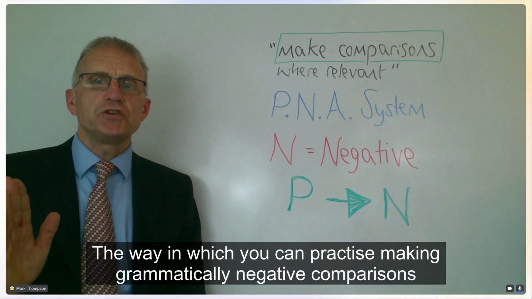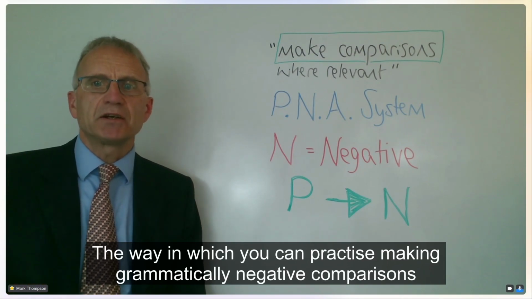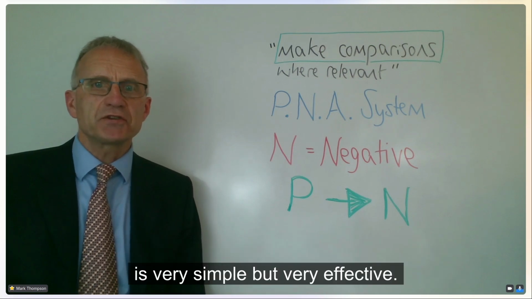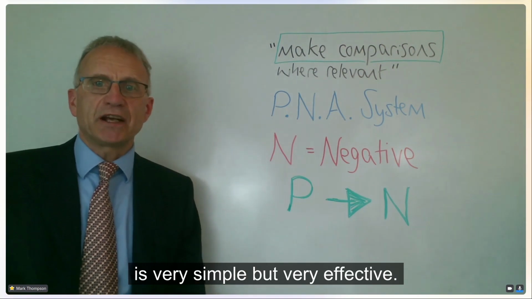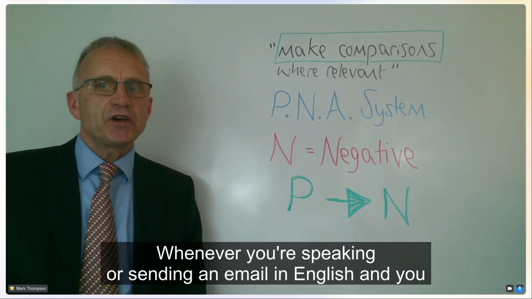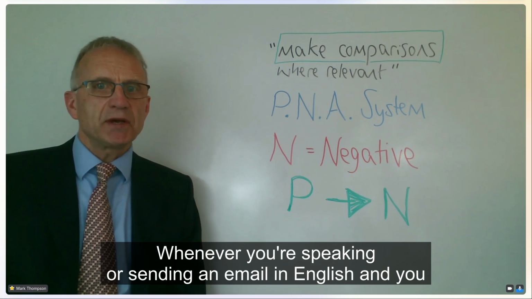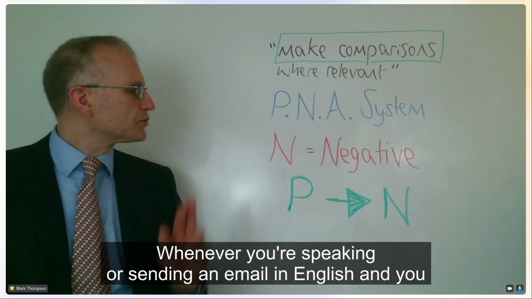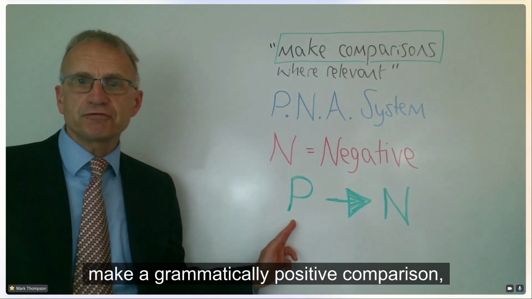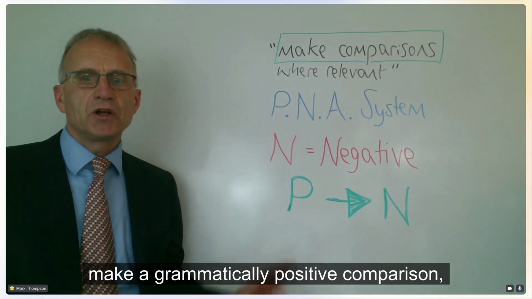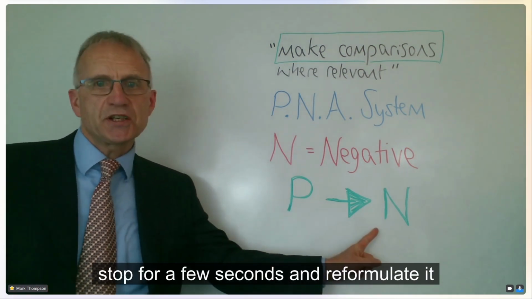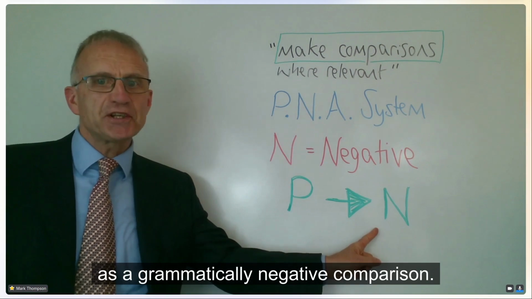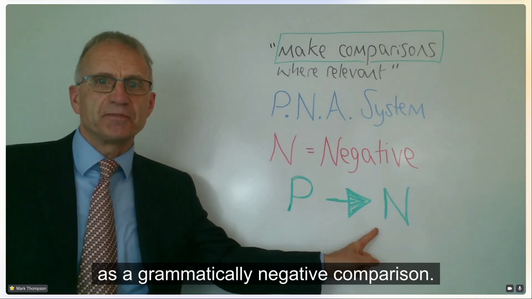The way in which you can practice making grammatically negative comparisons is very simple, but very effective. Whenever you're speaking or sending an email in English and you make a grammatically positive comparison, stop for a few seconds and reformulate it as a grammatically negative comparison.